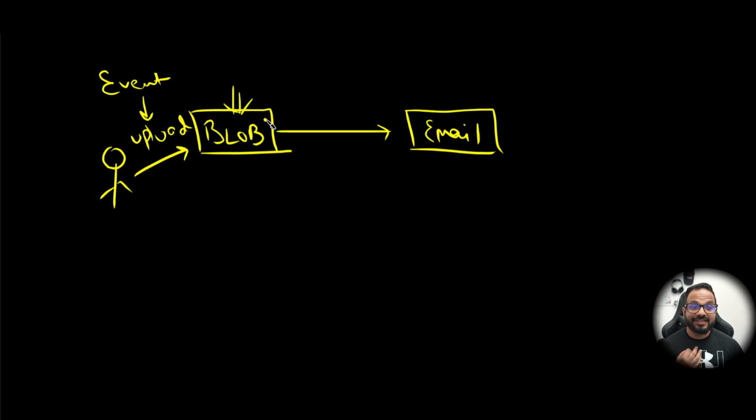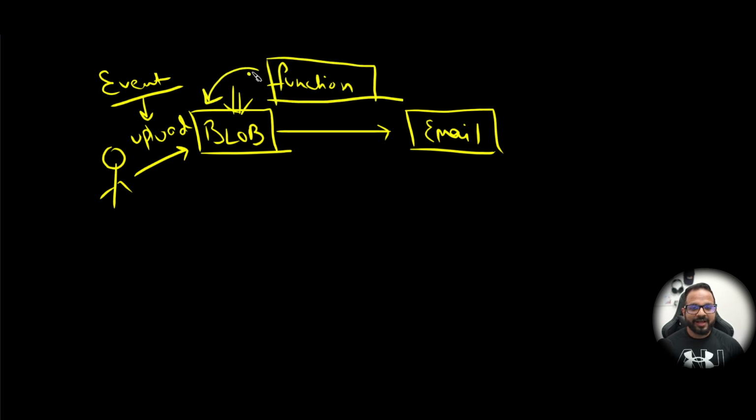As we have seen that Azure function is event driven, so this is a trigger to this Azure function, and Azure function will be watching this Azure Blob all the time, right? And as soon as it finds that event, as soon as it finds that trigger, it executes that Azure function and triggers the email. So that is how Azure function works.